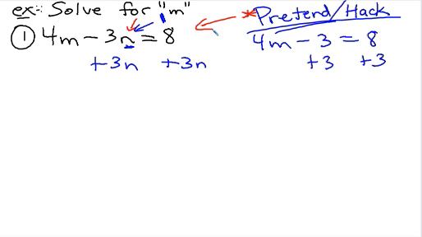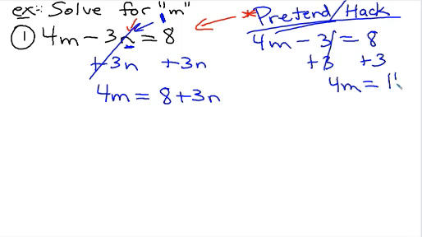On this problem, the 3n's go away. And I now have 4m equals, here's that skill I talked about, 8 plus 3n, which is just 8 plus 3n. It's not 11n. We already covered that today. On my pretend problem, I have 4m equals 11.